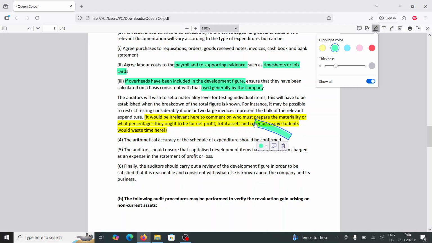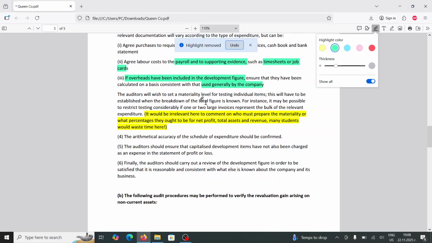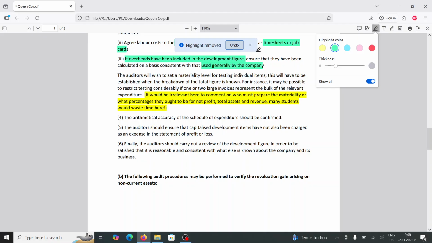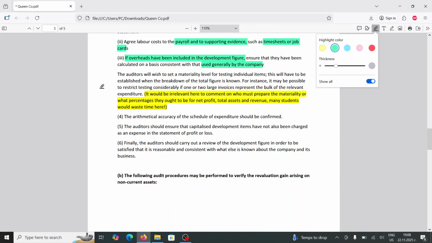So materiality should be mentioned here, that it should be set, and based on it, invoices should be checked. However, the rest of the knowledge, which I wrote in yellow, if you write it, it is correct by itself. However, in this context, in this question, you will get 0 points.